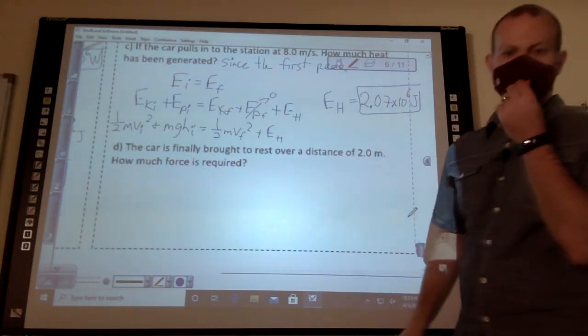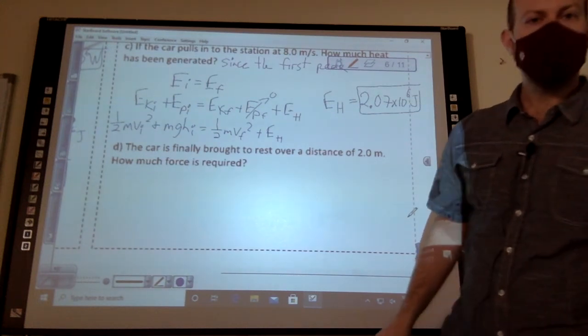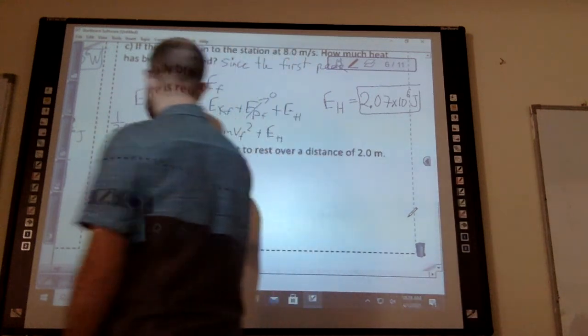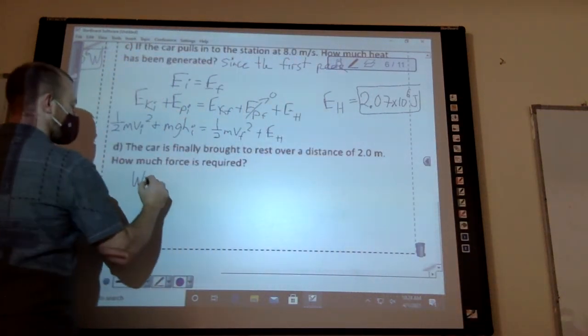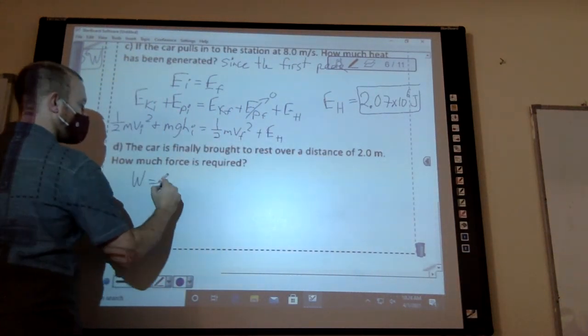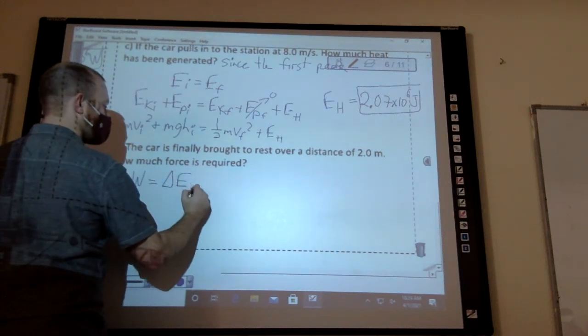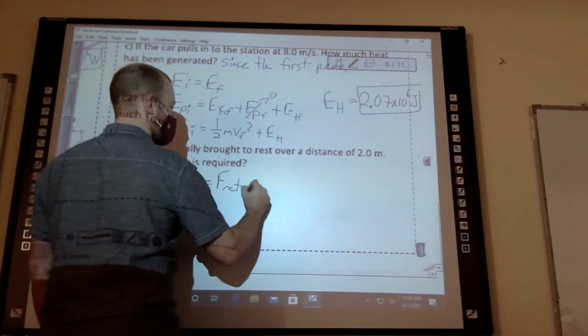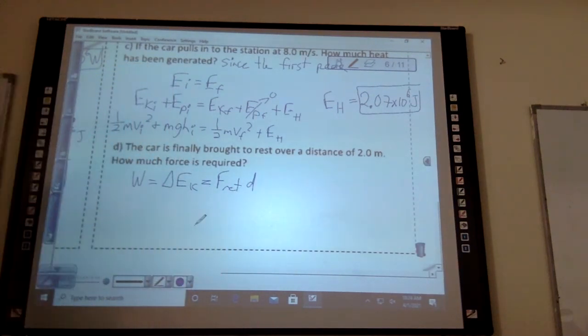So in order to do this, we're going to use the work energy theorem. This is just the special equation that says work is change in kinetic energy, which is equal to F net times D. It's essentially the work equation, but with specifics.